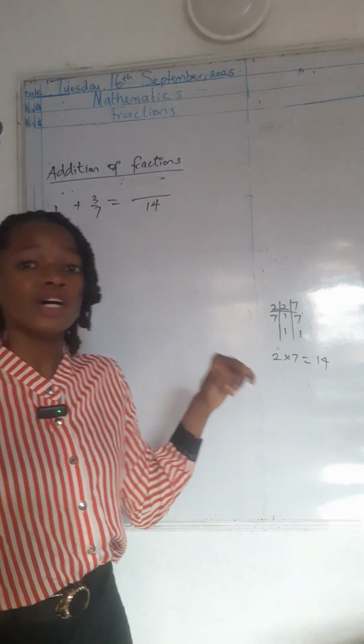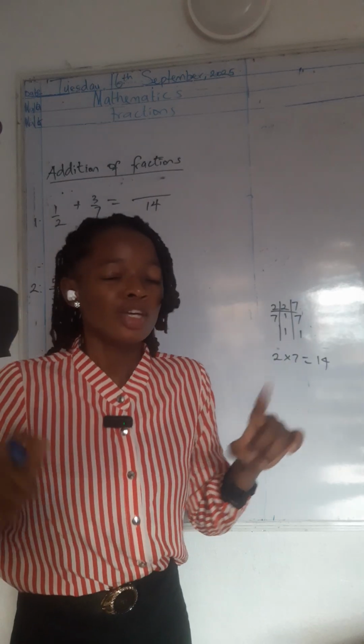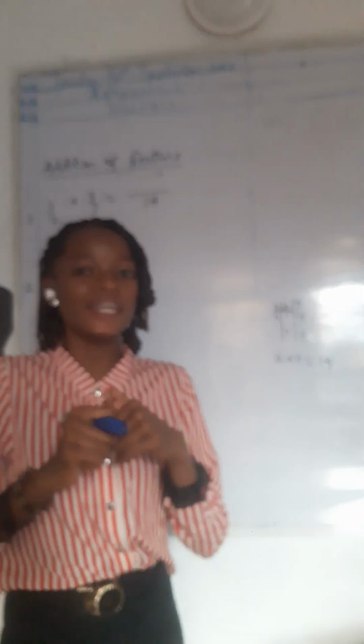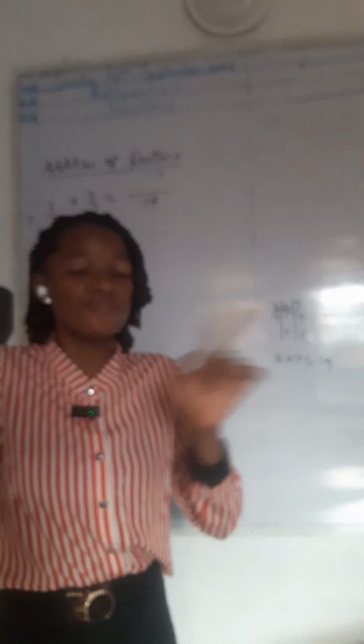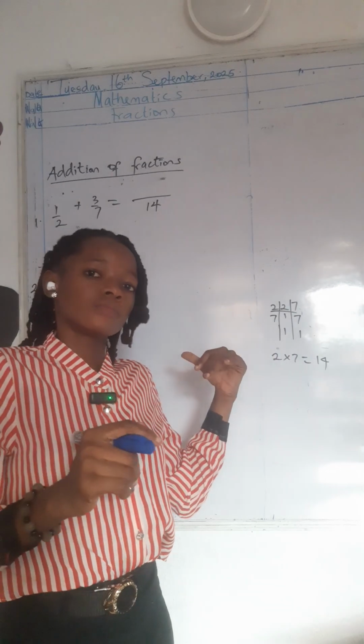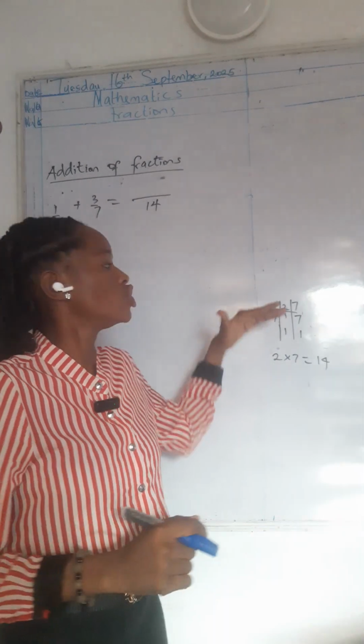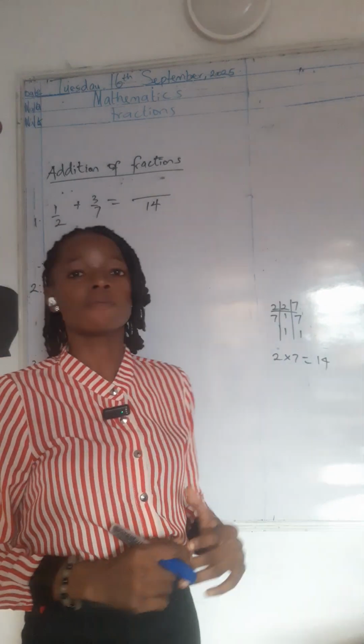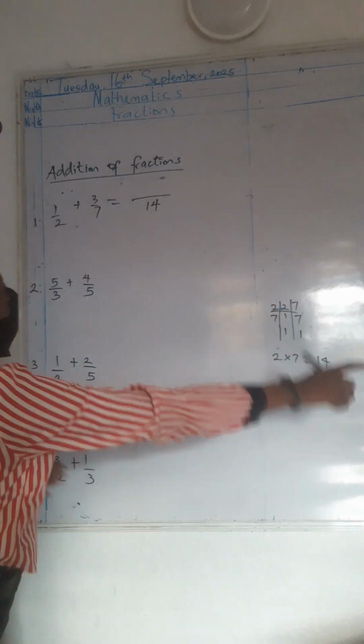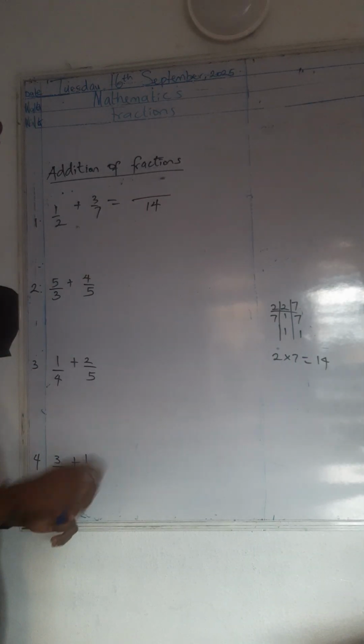If they are not the same and nothing at all can divide them, you multiply them immediately to save your time. Now we have 14 as the LCM.